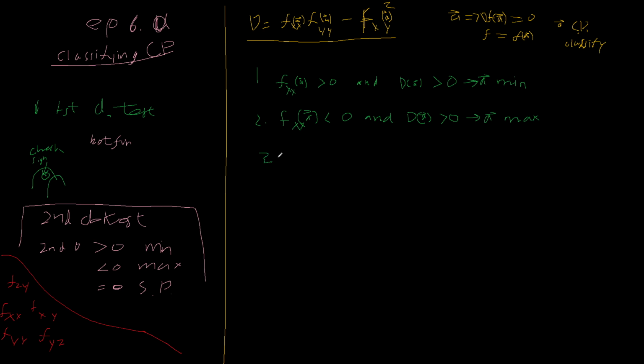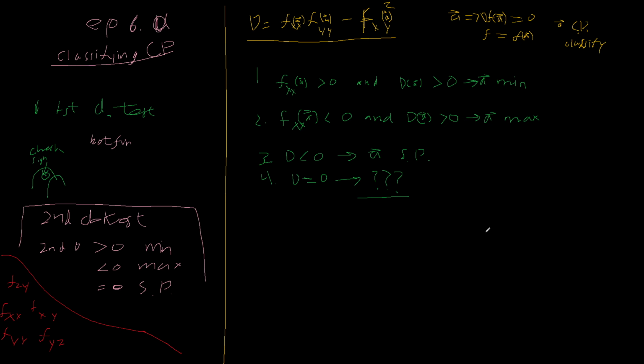The third case is D less than 0, which implies A is a saddle point. And the fourth case, D equal to 0: what does that mean? We don't know. It's inconclusive. We can't say anything about whether this point is a local minimum.